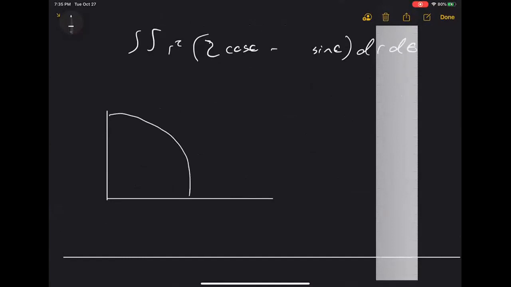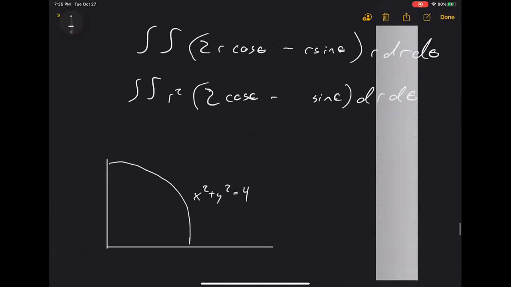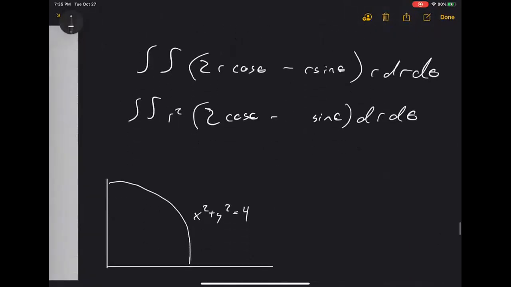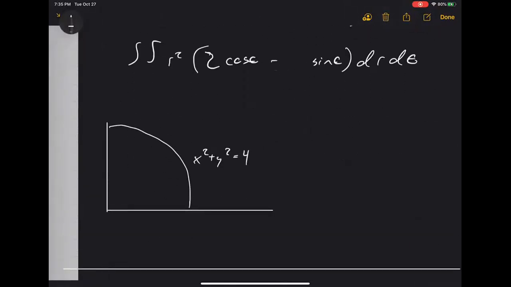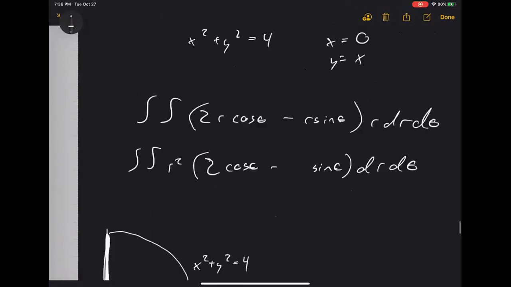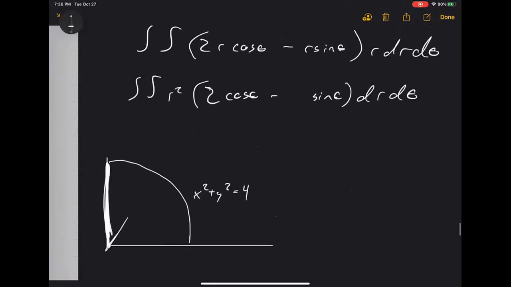That's my horrible circle quadrant. And then we also have the line x equals 0, which is the y-axis, and y equals x, which is this diagonal line. There's only one region that is enclosed by these 3 curves.